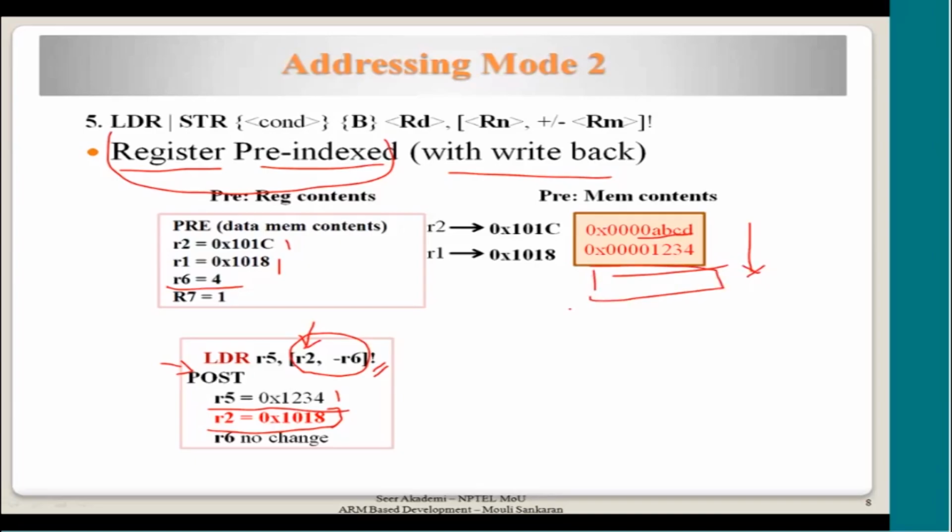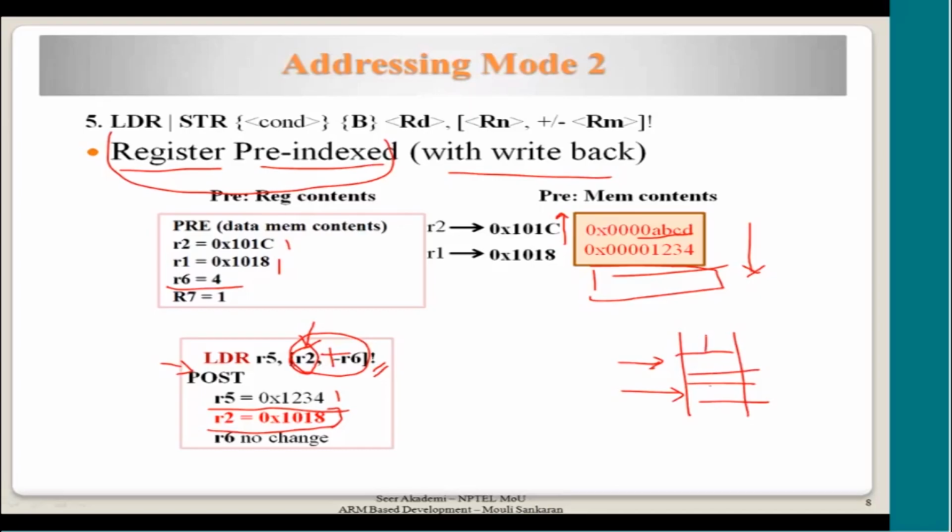If I had put a plus here, then it will keep on accessing towards increasing address from the base. Okay. So the base is kept on either incremented or decremented, and the new value is stored in the base. So base is modified. So earlier I showed that base is stationary and then offset is added. Now base is also moving every time it is accessing by a fixed amount.